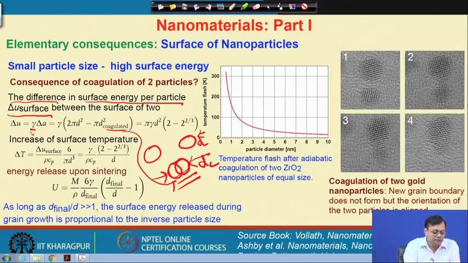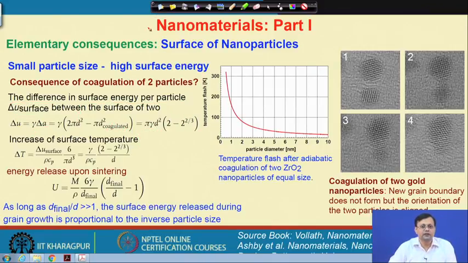The surface area change multiplied by the energy will give you the estimate of the net change of the surface energy, that is delta U. So, here you see that it will end up with pi gamma d square into 2 minus 2 to the power 2/3. The 2 to the power 2/3 is linked with the coagulated particle and the d. That is a simple mathematical equation that you can do as homework.